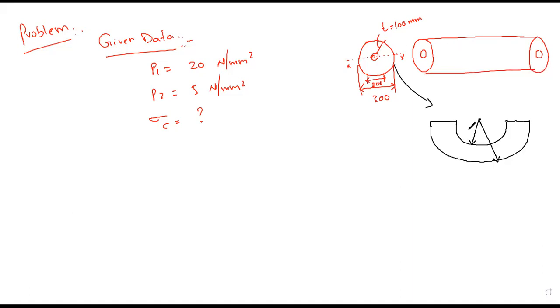So the internal radius is 100, external radius is 150. So this is R1 and this is R2. R1 is equal to 100 mm, R2 is equal to 150 mm.